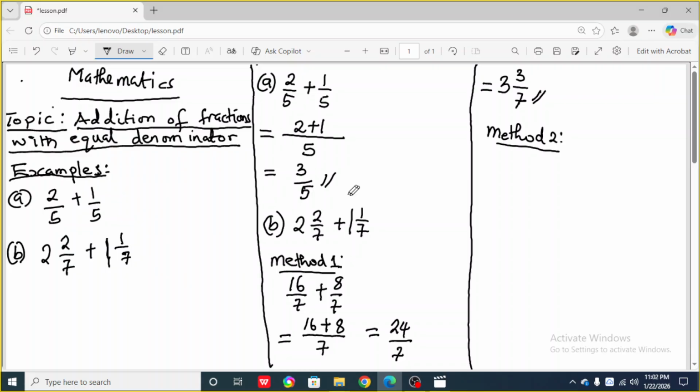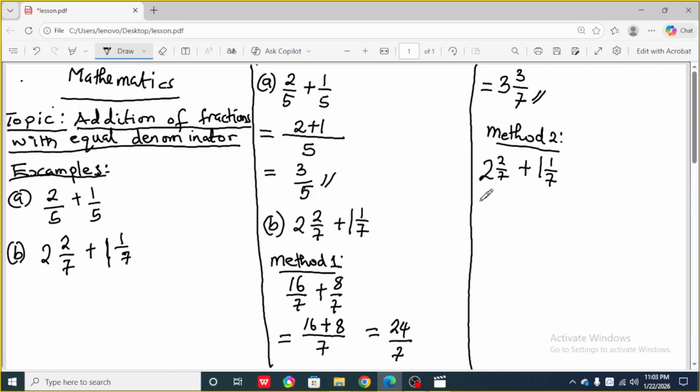We are just going to collect like terms. You know that in each of the number, we have both whole number and a fraction. So we are going to collect whole number together because they are alike. Then we collect fraction together because they are also alike.